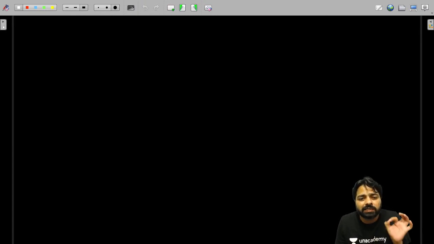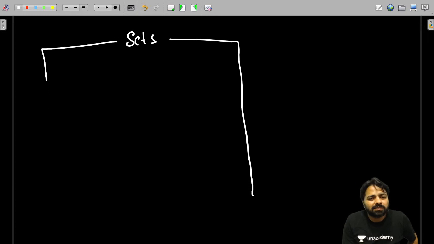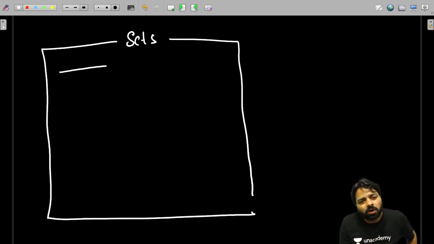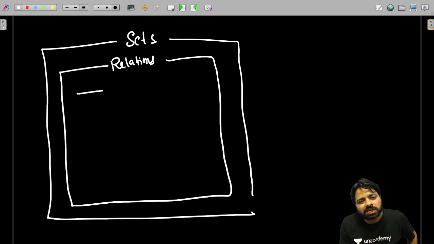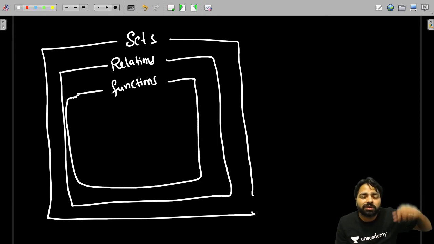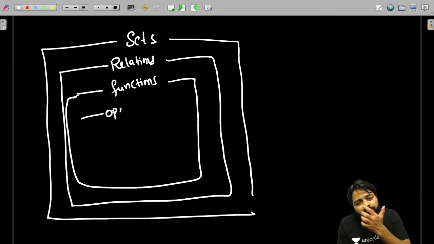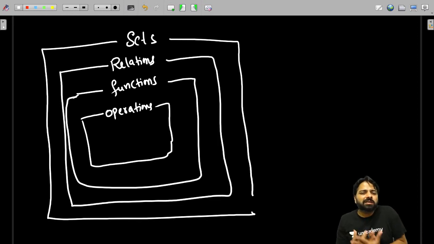If anybody wants to relate like this: all sets here, then all relations are going to come inside the sets, and all functions are going to come inside the relations, because every function is a relation. I am talking about the set of functions. Next, operations. Every operation is a function, but a function need not be an operation.